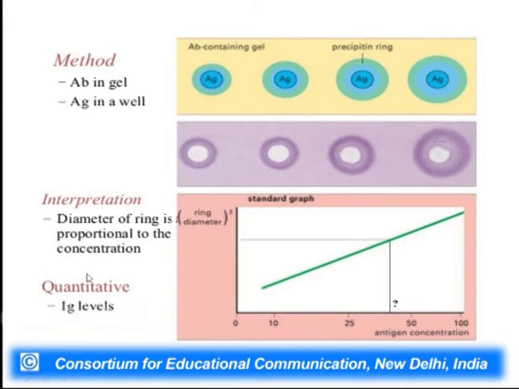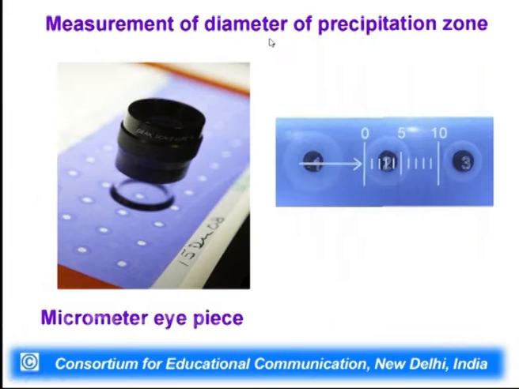How do I interpret the data? You will take the diameter of the ring, and it is directly proportional to the concentration of the antigen. That means, can I make it a quantitative assay? We can try to quantitate the antibodies based on this. Here we have a known antigen, so I have to identify the patient's antibody. So based on the known antigen, I can quantify the unknown antibody.